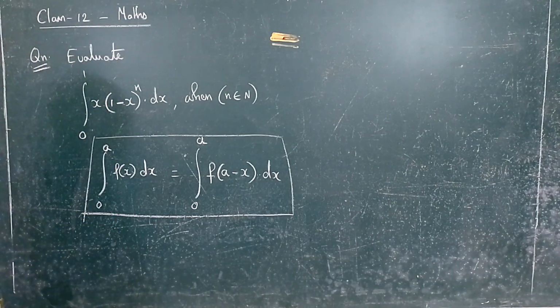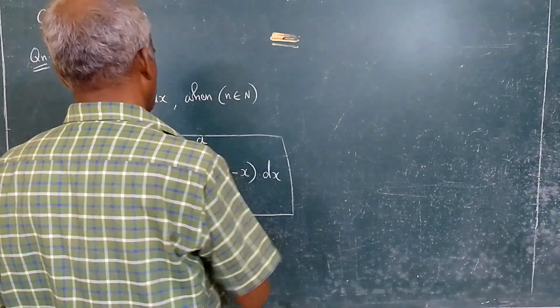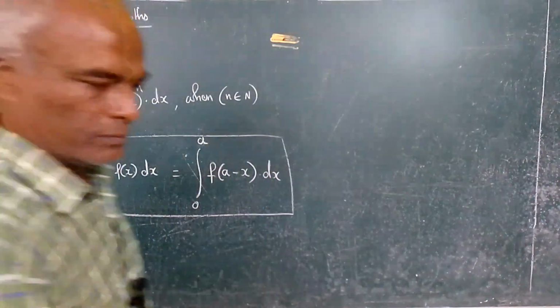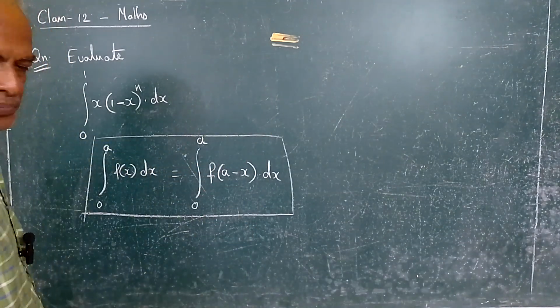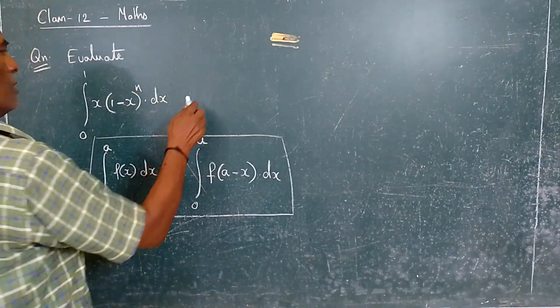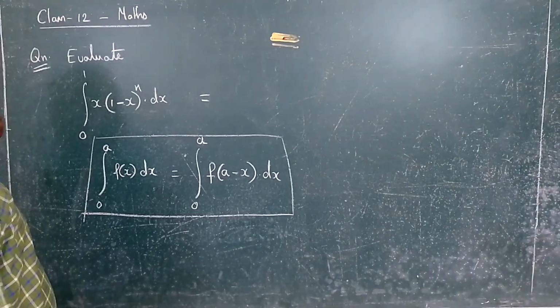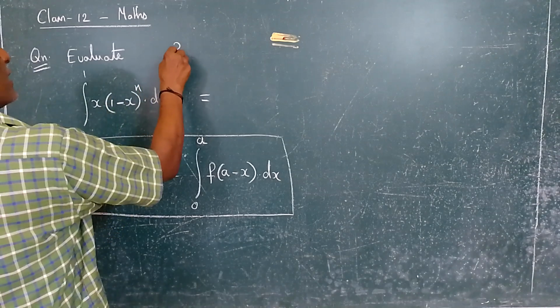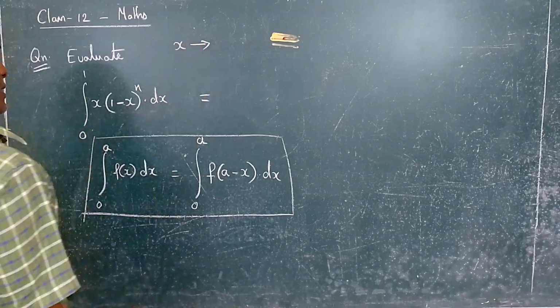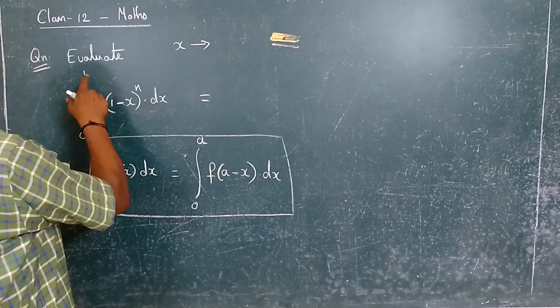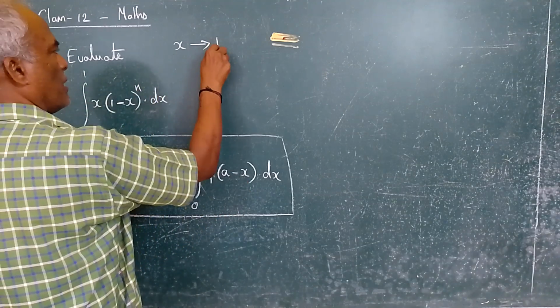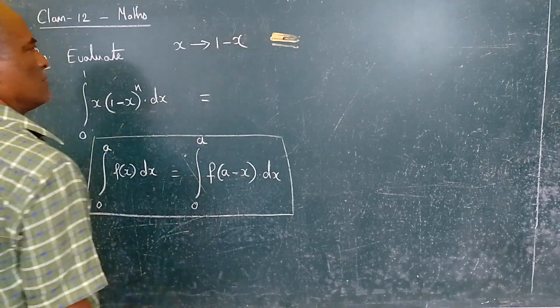Similarly, for this problem, here x is replaced by a minus x. In this case a is 1. So x will be replaced by 1 minus x.